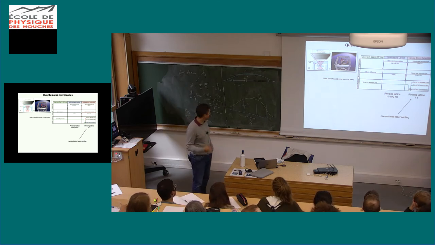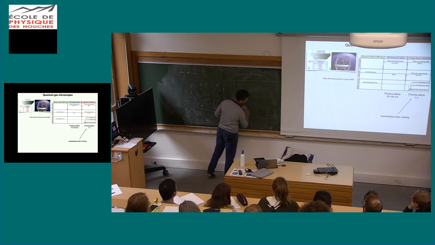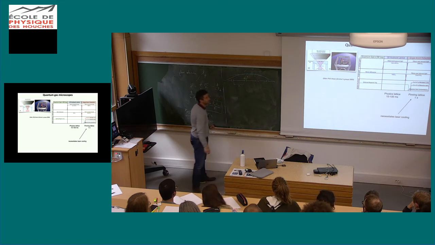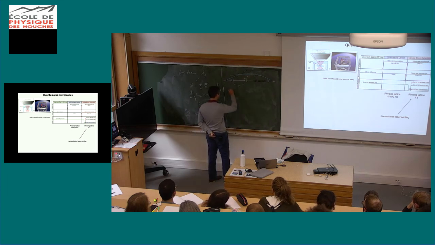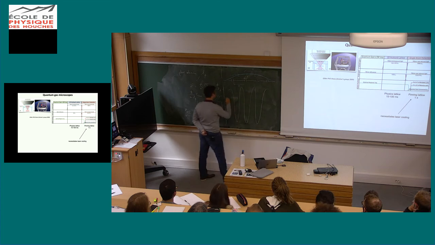And there is another issue associated with this technique, at least for the bosons. With fermions, we will see that it's a bit different now, at least in one group. But with bosons, you have this huge optical lattice, the pinning lattice.